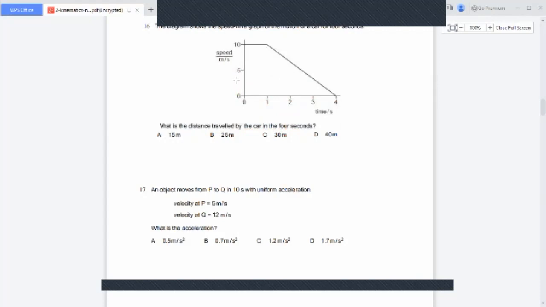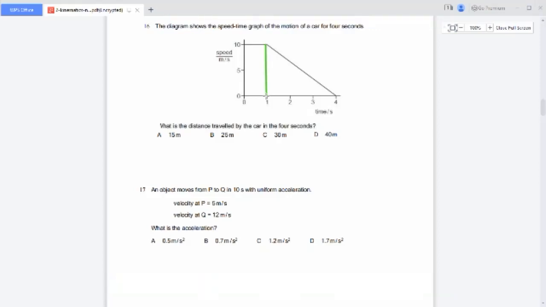Either you can use the trapezium method, or you can split this diagram into two parts: the left one is a triangle, and this portion is a rectangle. Or you can solve it as a single diagram, which is the trapezium method. So I am going to use the trapezium method.